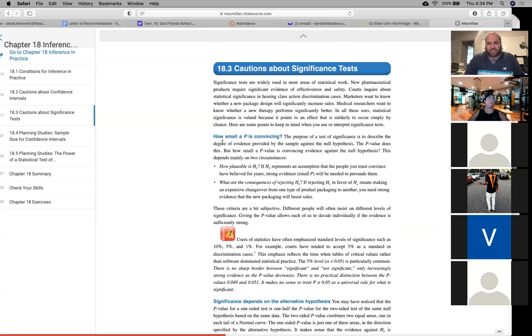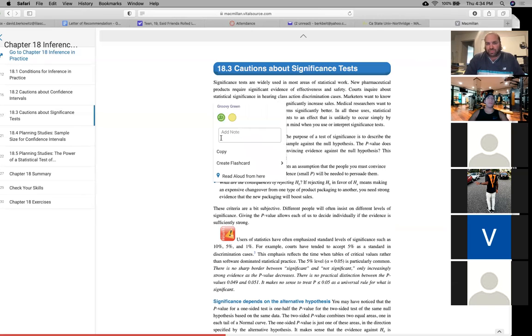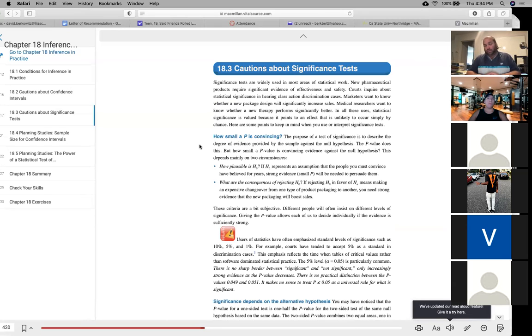First, the first question is, how small of a p-value is convincing evidence? Okay. We know that the smaller the p-value, the more likely it is that the null hypothesis is incorrect, that the result is statistically significant, and that we want to reject the null hypothesis. The question is, how small do we need to be convincing?